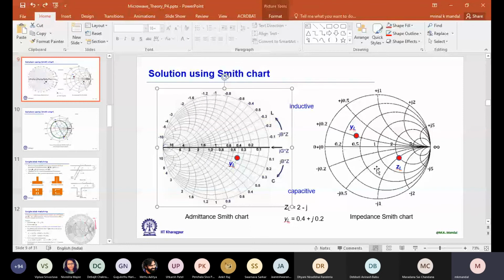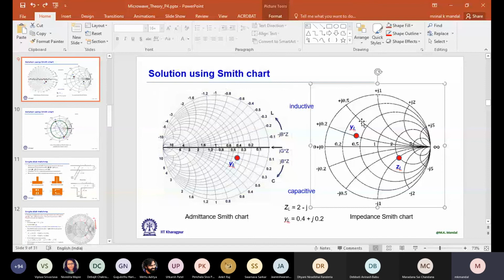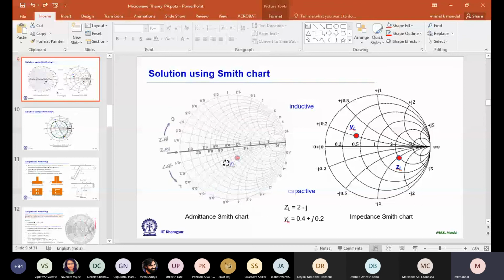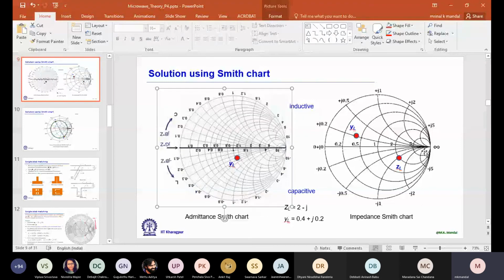Then only we can overlap it. That is why this admittance Smith chart has been rotated by 180 degrees. If I don't need the impedance value at all, then I can use this one as the admittance Smith chart. As I said, if you rotate it by 180 degrees, it's the same thing, but instead of R and X, you have to consider now G and B.